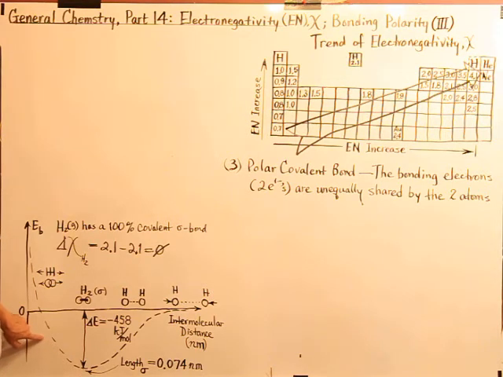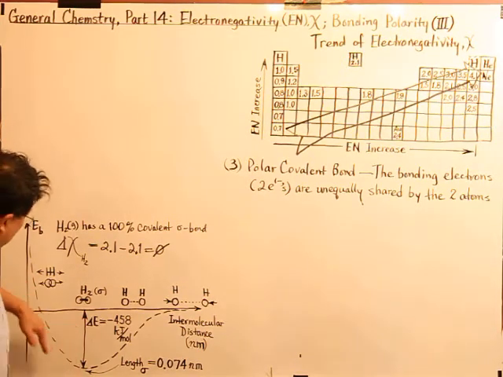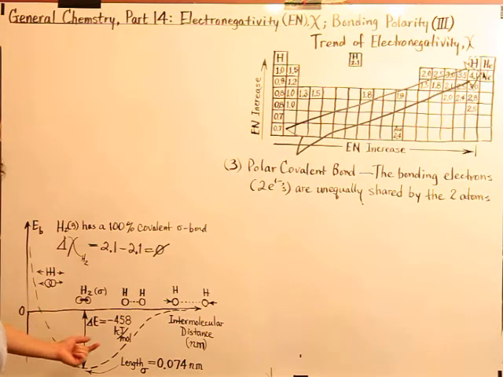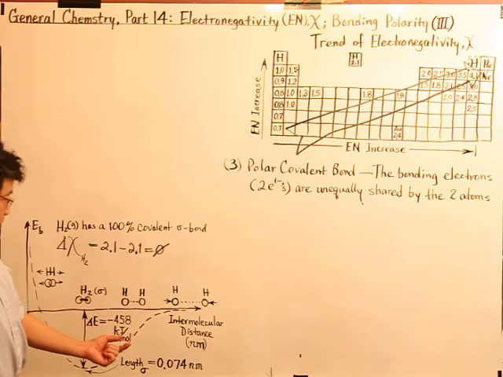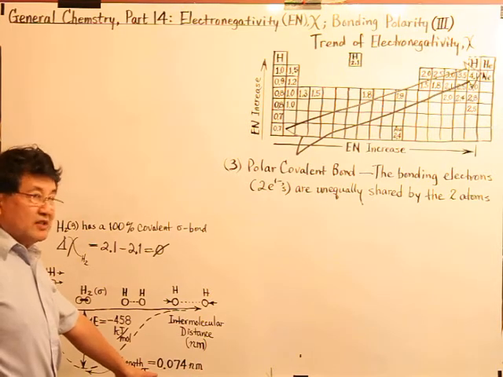In other words, the repulsion generates energy, so it is high for the system, and they are unstable. That's why the energy level goes high when they get too close, shorter than 0.7 angstrom or 0.074 nanometer. That is not stable. So the best distance is about 0.7 angstrom.